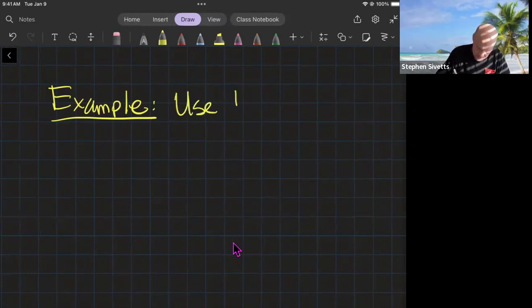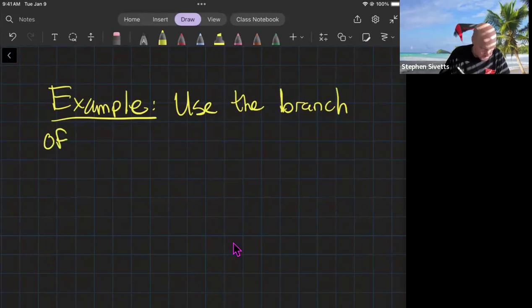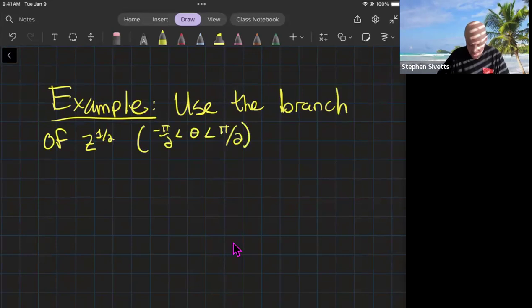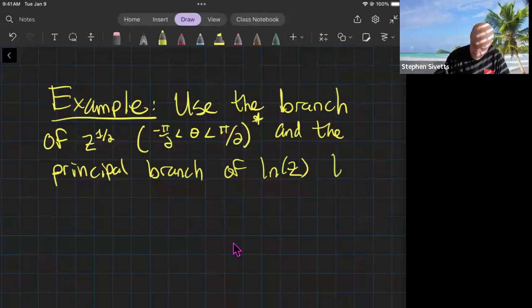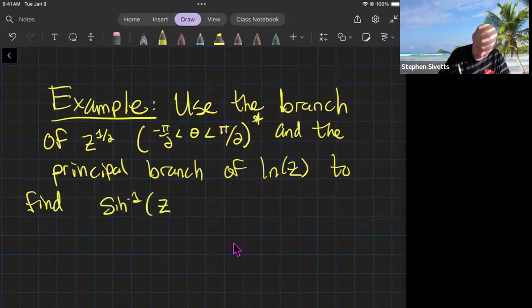Use the principal branch for the square root function, which is indicated here, and the principal branch of ln of z to find inverse sine of z at z equals 1/2 i.